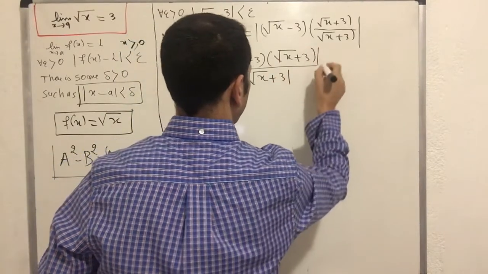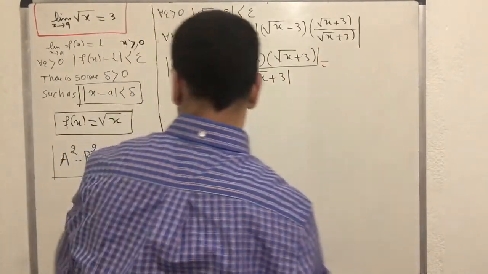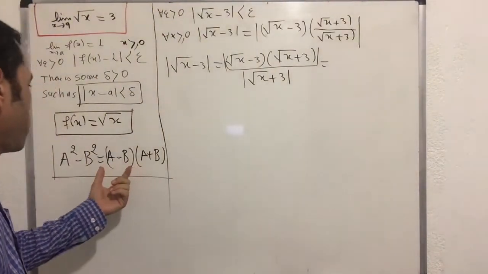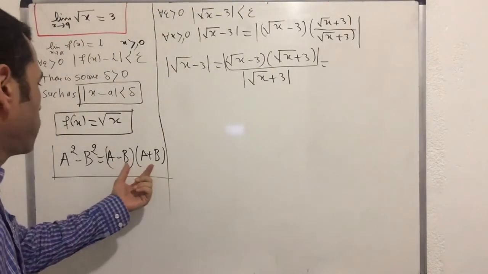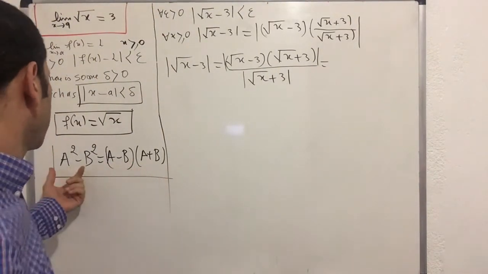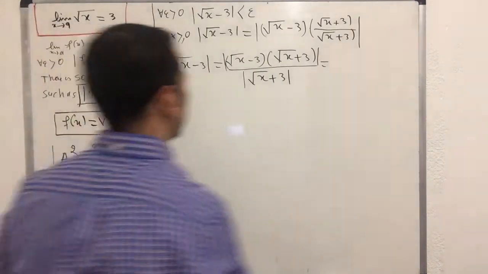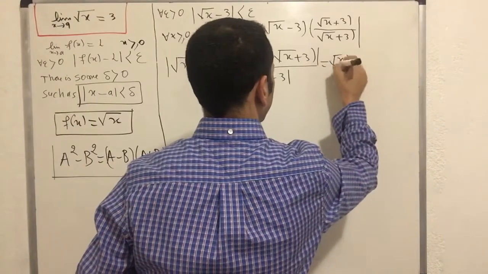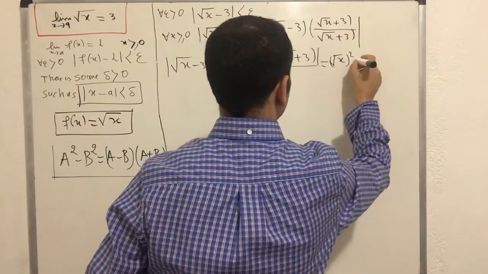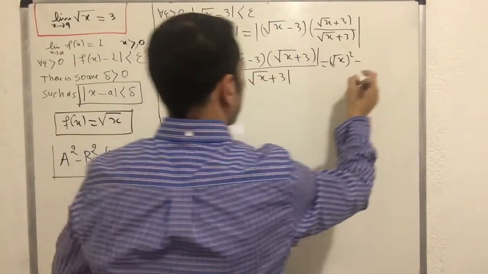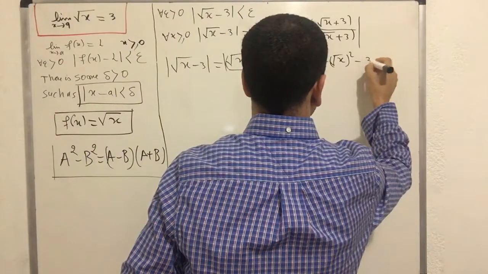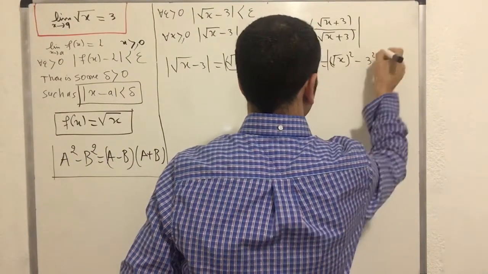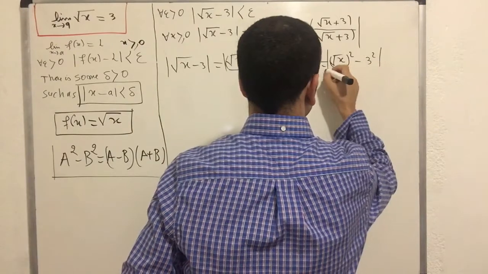This identity, a minus b times a plus b, gives you a squared minus b squared, which is the square of the square root of x squared minus 3 squared, with absolute value always.